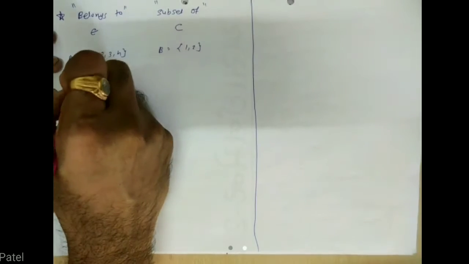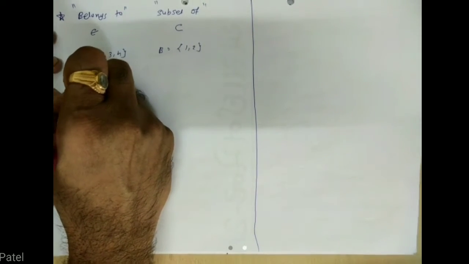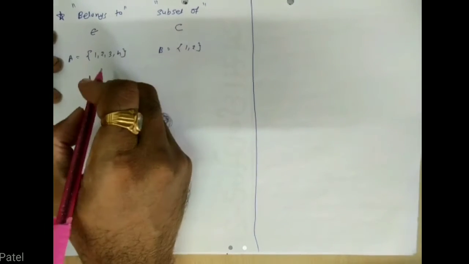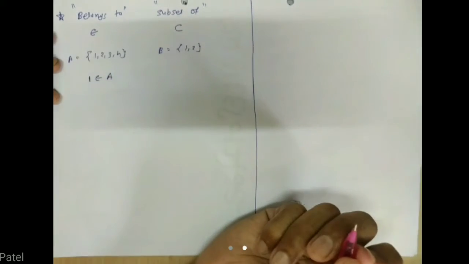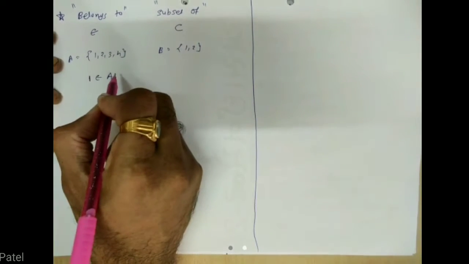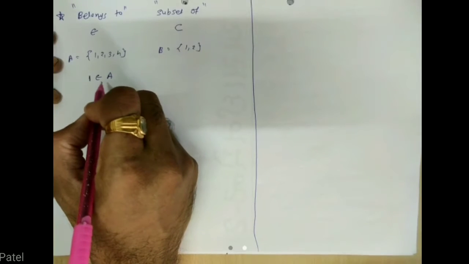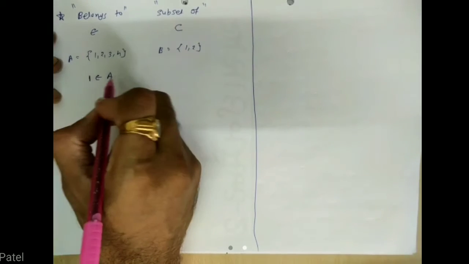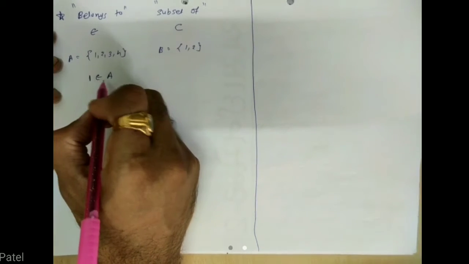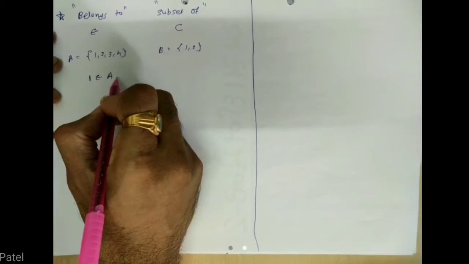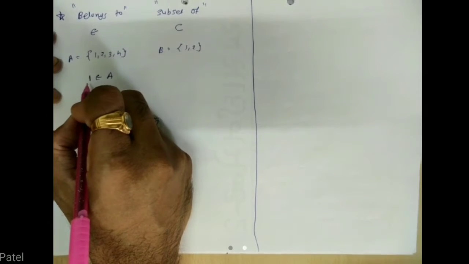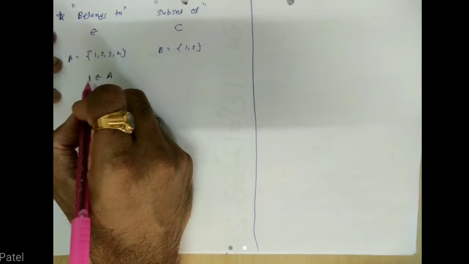For example, 1 is the element of set A. So we can write 1 belongs to A because 1 is the element of set A. So this gives the relationship between element and set. 1 is the element and A is the set.